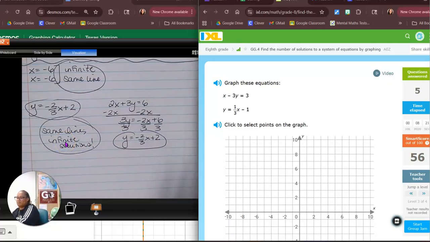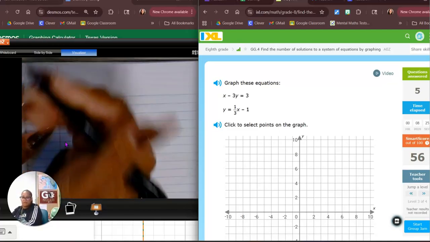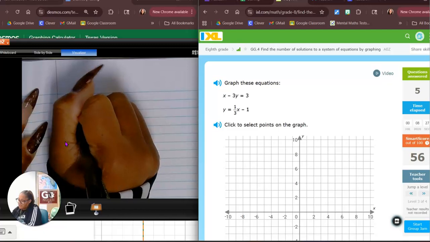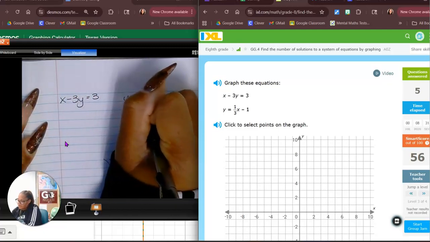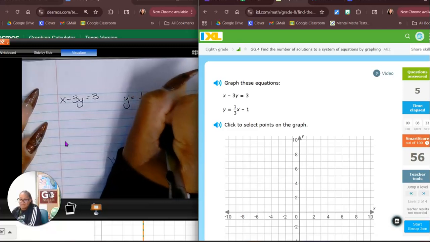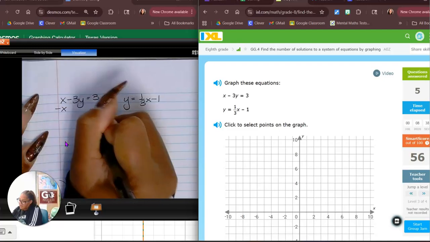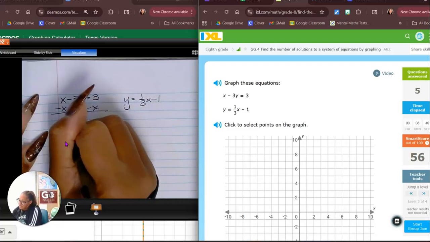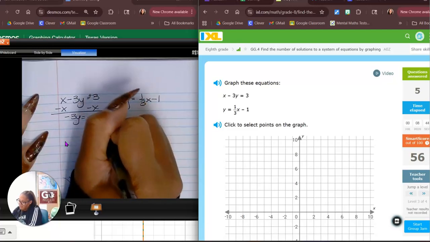All right, I've got to show some more work here. I have x minus 3y equals 3. And then I have y equals 1/3 x minus 1. So over here, I've got to subtract x from both sides. This is -3y equals -x plus 3.